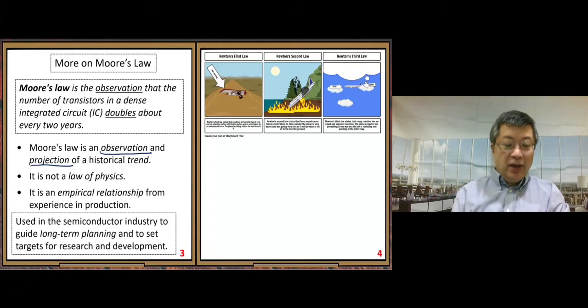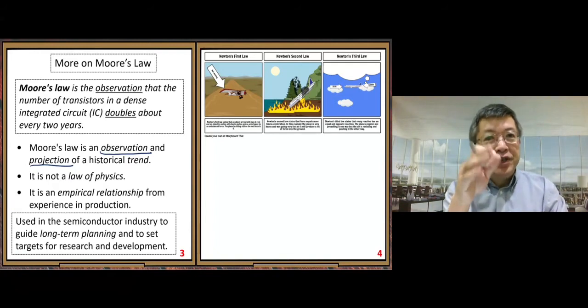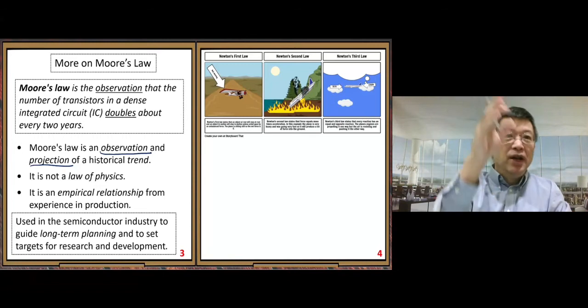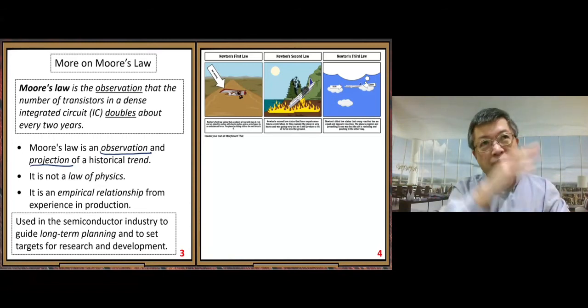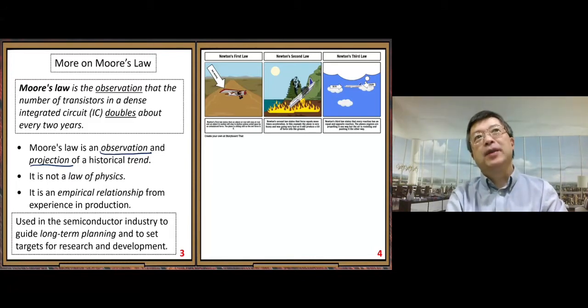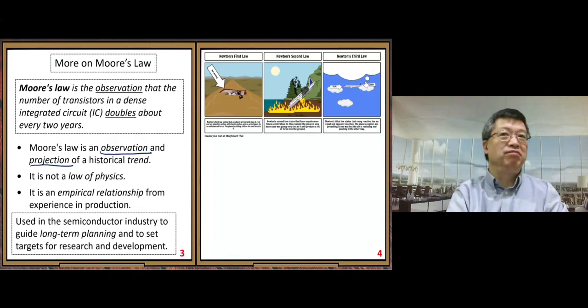All right. It is very useful. Moore's law is extremely useful because of this. In the semiconductor industry, when people want to make long-term plans, they base them on Moore's law.